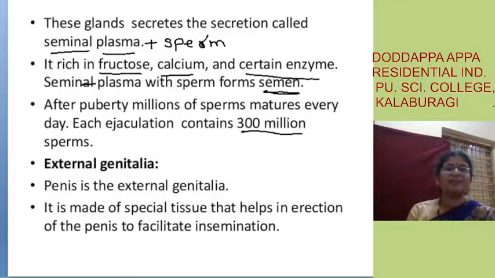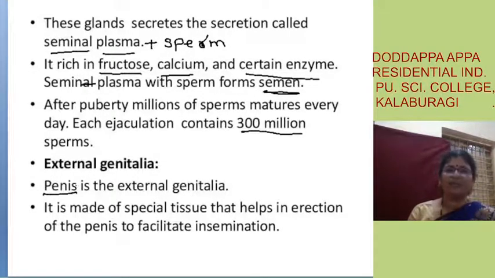Now external genital organs, the organs which you can see externally. In the external genital organs in the male, mainly you will see the penis.